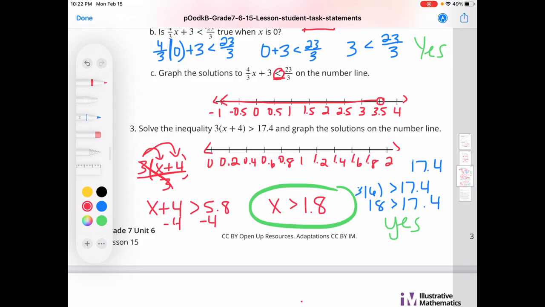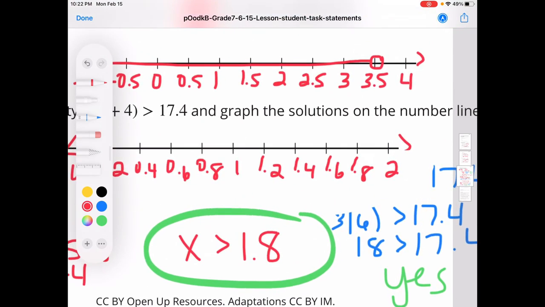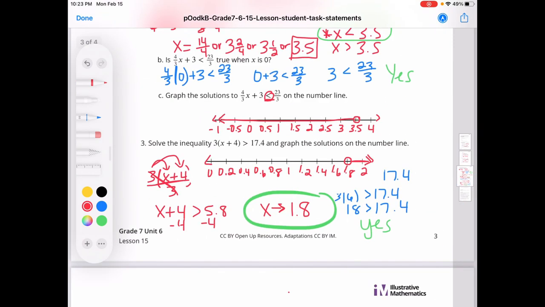I know that looks really sloppy, but it's kind of hard to do on the iPad. So I know that my x has to be anything greater than 1.8. Again, it's just greater than, not greater than or equal to, so my circle stays open. And if you notice, your arrow is pointing in this direction, so anything larger than 1.8 would be a solution.